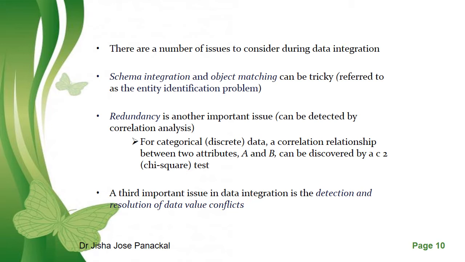For categorical or discrete data, a correlation relationship between two attributes A and B can be discovered by a statistical test known as the chi-square test. The chi-square test will help us to identify the redundancy. This is a correlation analysis test, so that can be done.